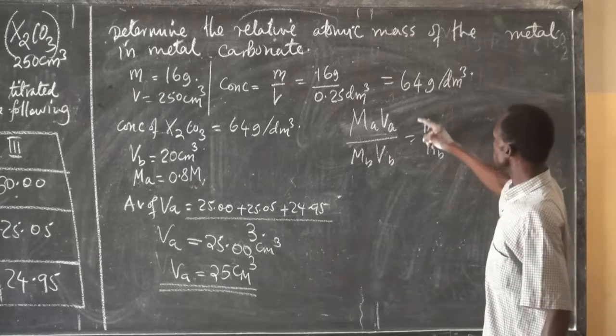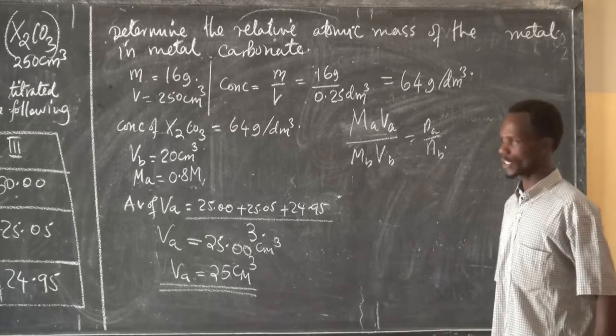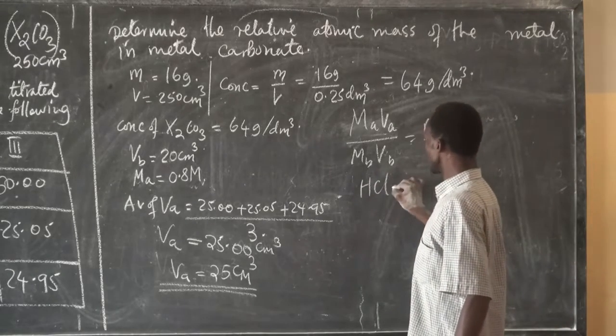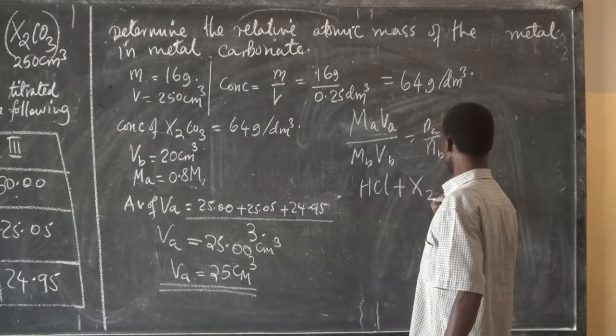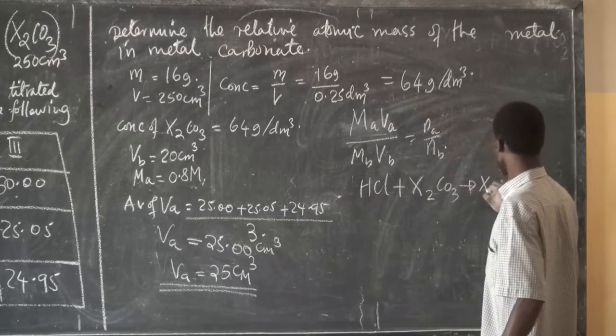We have to find this mole ratio from the balanced chemical equation. The reaction was between hydrochloric acid and X2 carbonate to produce X chloride.